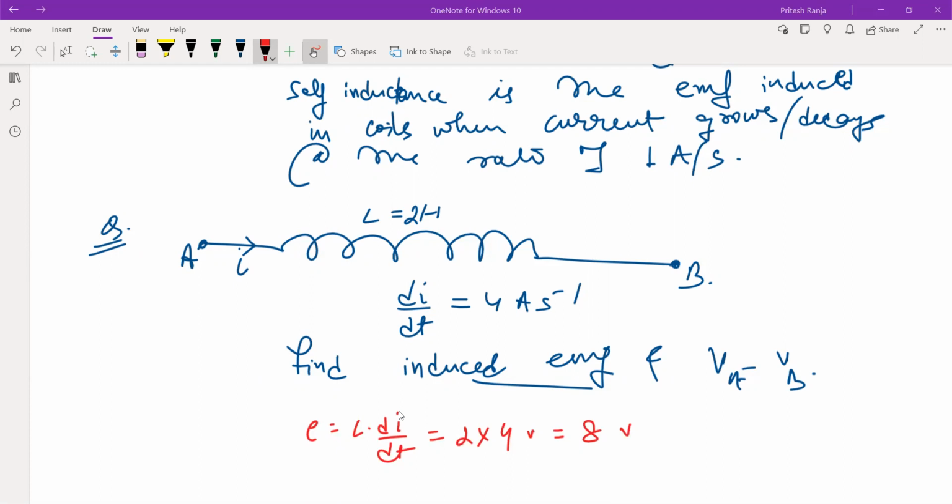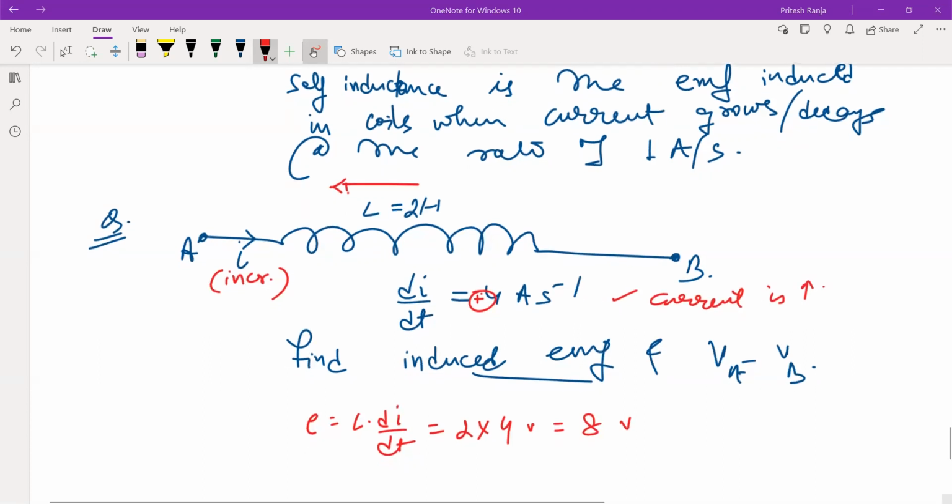Now VA minus VB. अब induced EMF, अच्छा di by dt क्या है? पॉजिटिव दिया हुआ है. That means current is increasing. Now induced EMF, or induced current, will oppose it. So we can find out VA minus VB now.